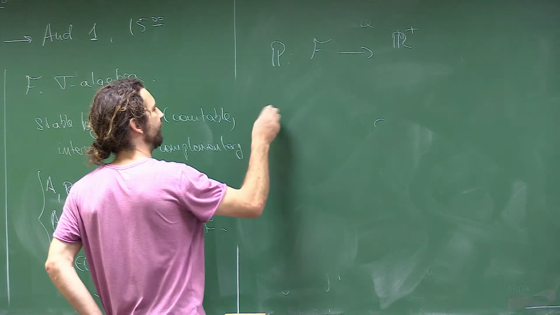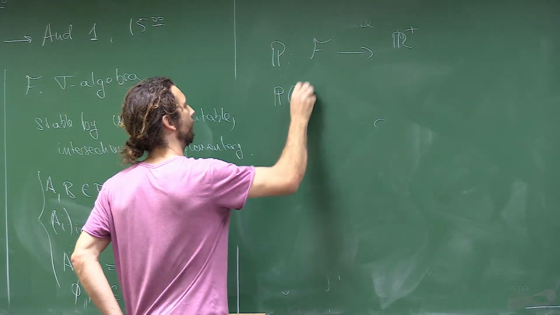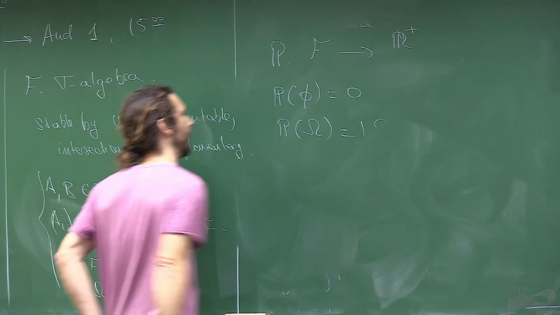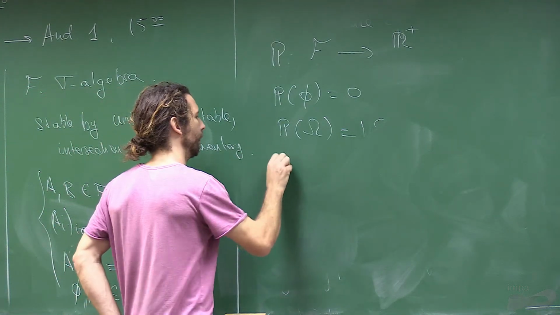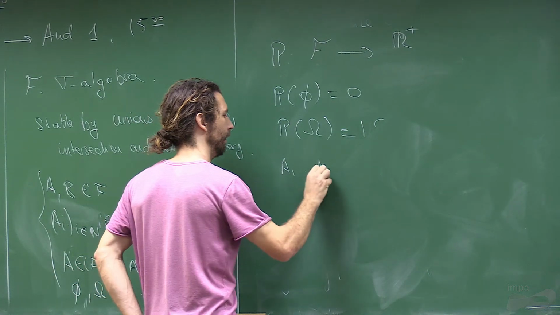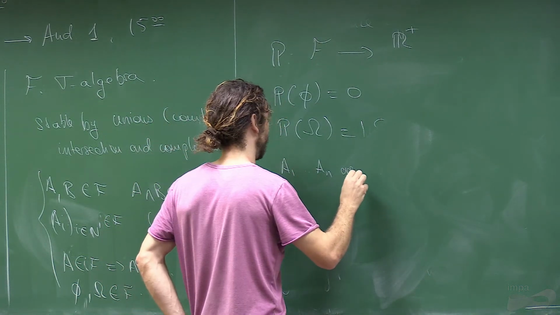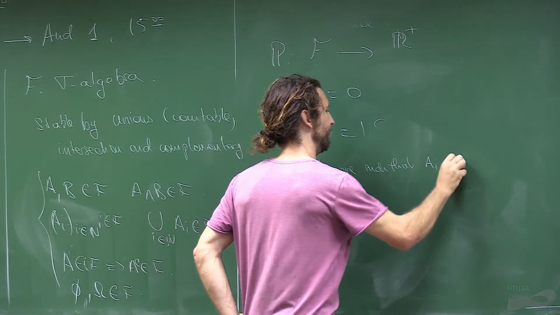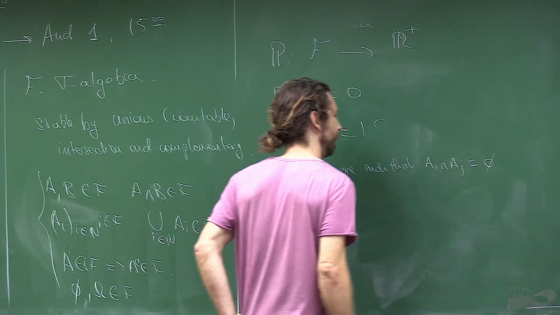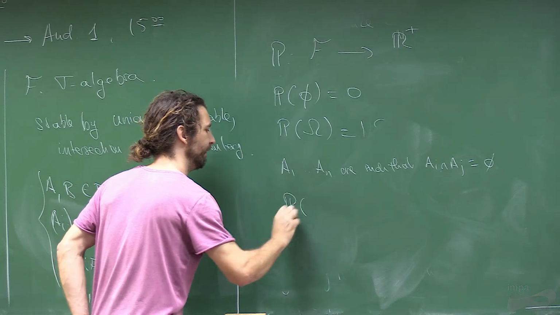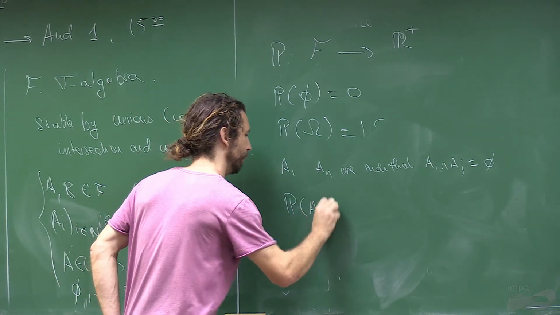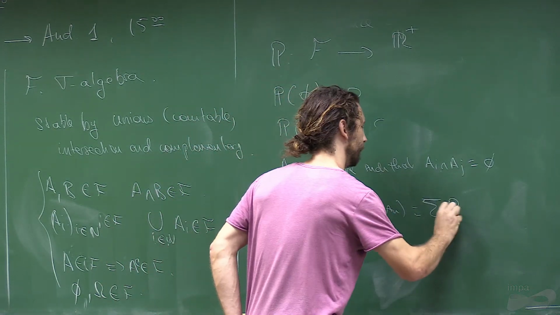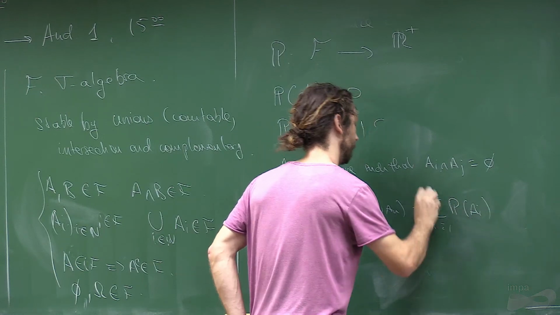So essentially, P of the empty set is 0, P of omega is 1, and if A1, ..., An are such that Ai intersect Aj is empty, then the probability of the union of the Ai is the sum of the probability of Ai, essentially.